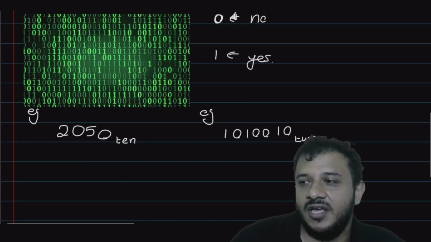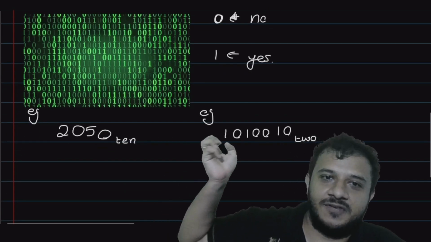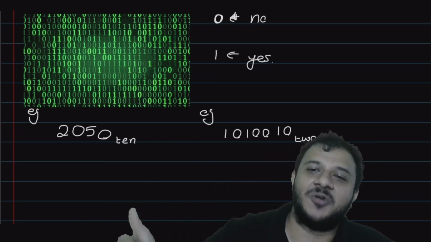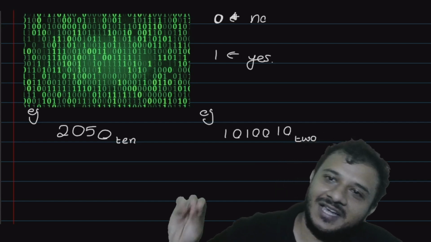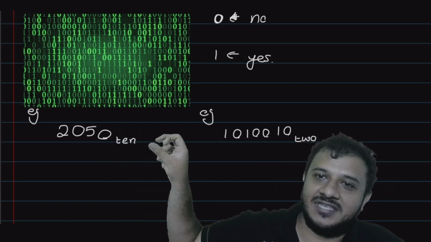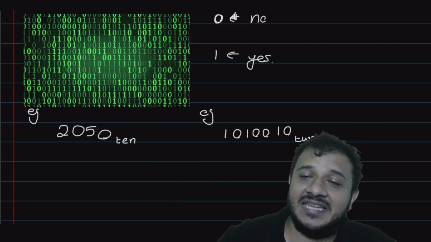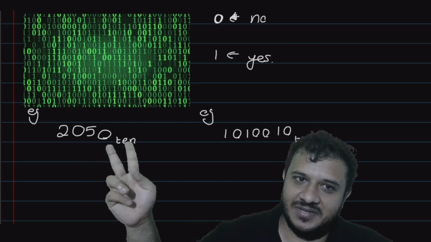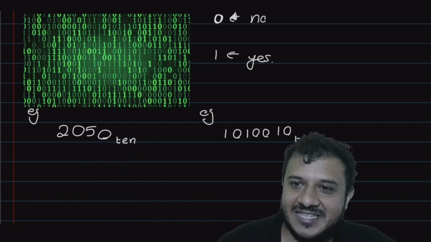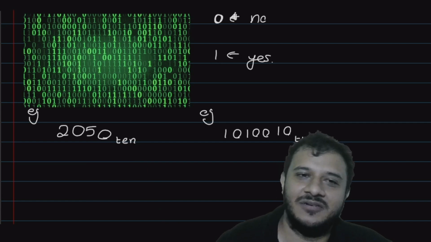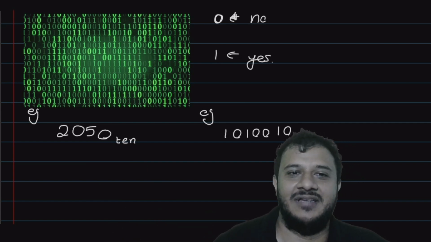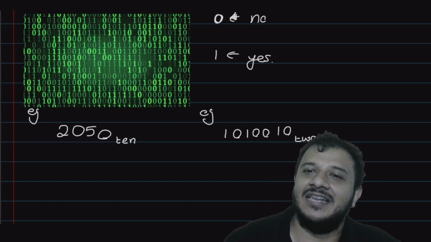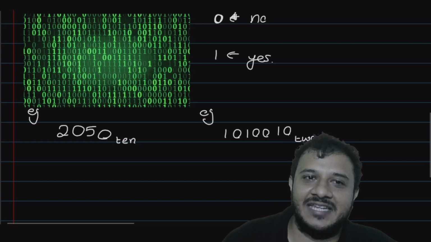Do you get it, Pute? When we write a binary number, we write only ones and zeros and write a 2 at the back, so everybody knows I'm talking about a binary number. If I'm writing a decimal number, I write the normal digits and a 10 at the back. Some teachers are picky about writing the 10, but some know that if you don't write anything, by default it is a 10.